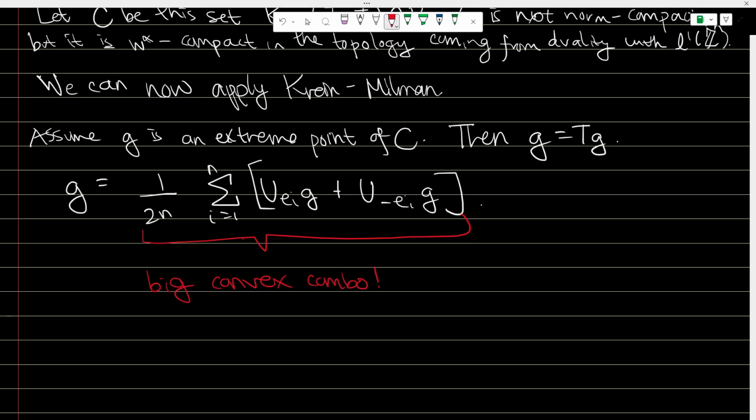Our weights t_1 through t_2n are equal to 1 over 2n, and our y_1 through y_2n are equal to U_{e_1}G, U_{negative e_1}G, and so on.